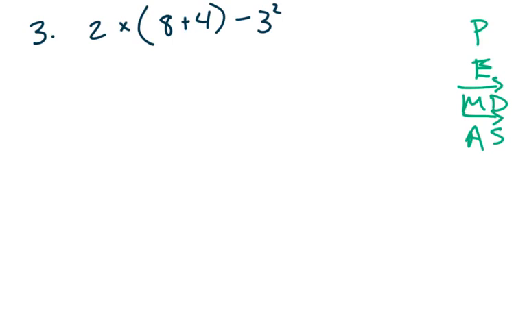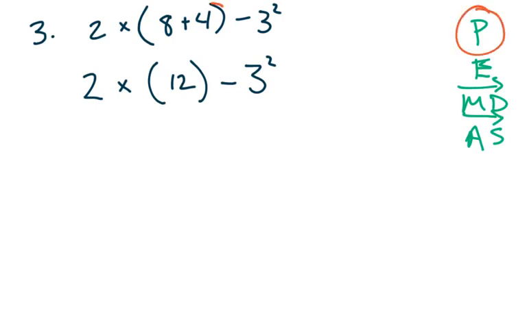So we're going to get 2 times, and we're going to do 12 minus 3 squared, because we're going to do this and this first.